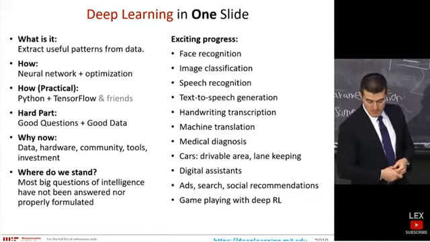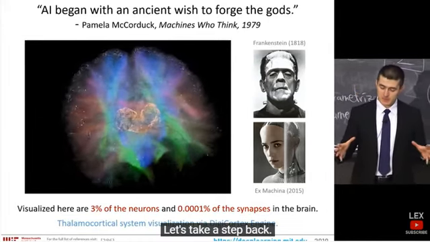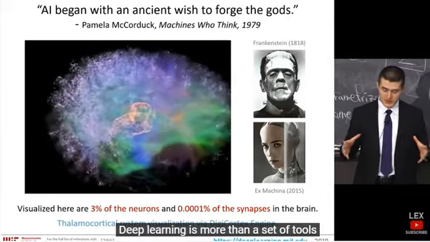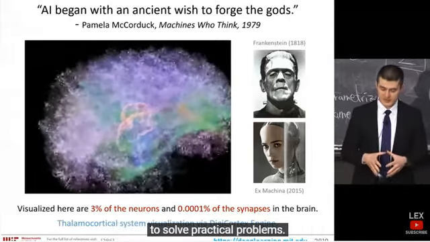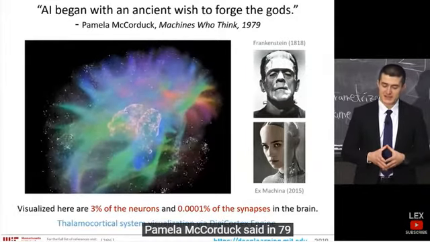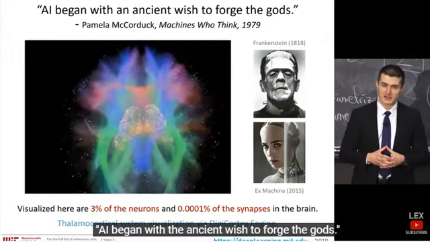Let's take a step back. Deep learning is more than a set of tools to solve practical problems. Pamela McCorduck said in '79, AI began with the ancient wish to forge the gods.